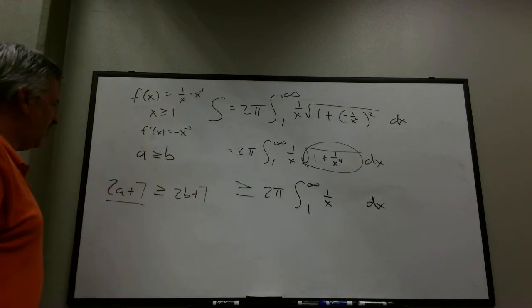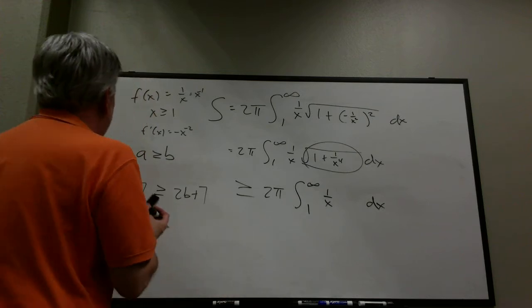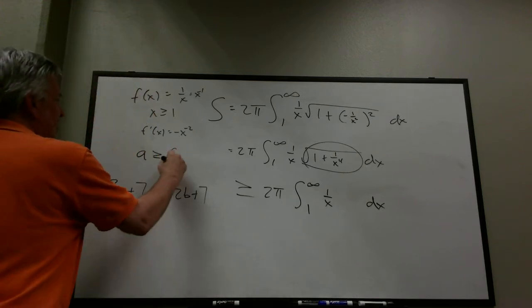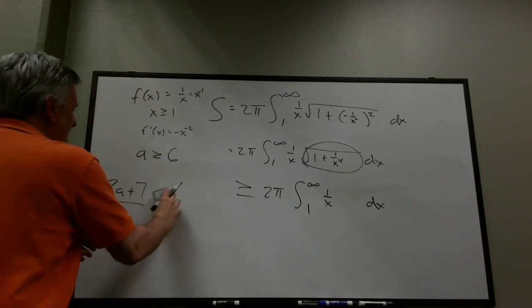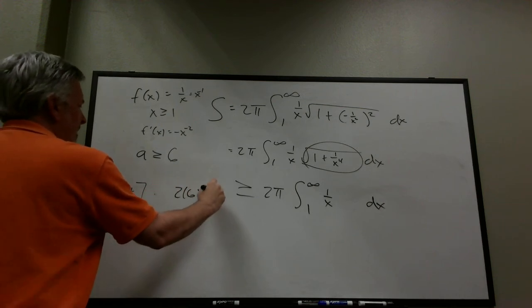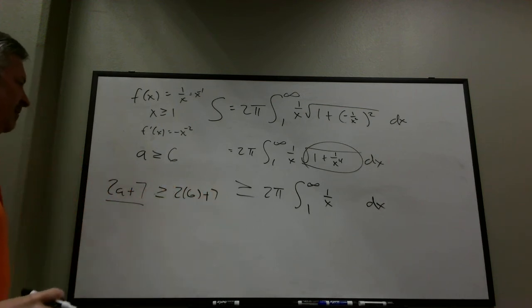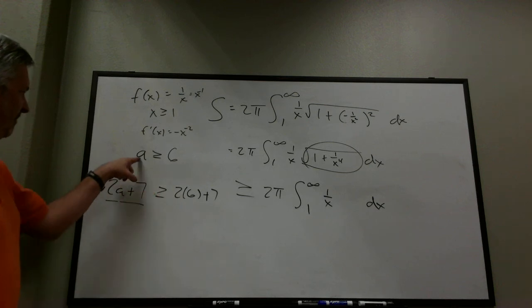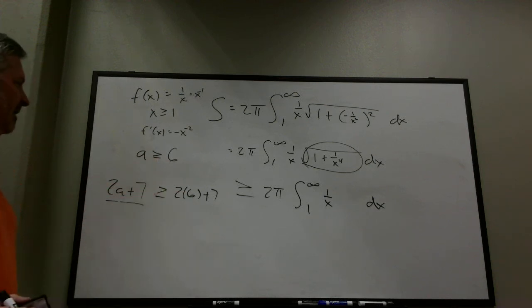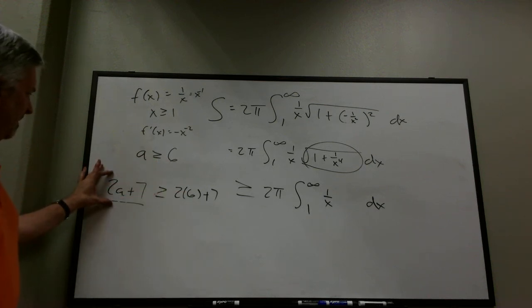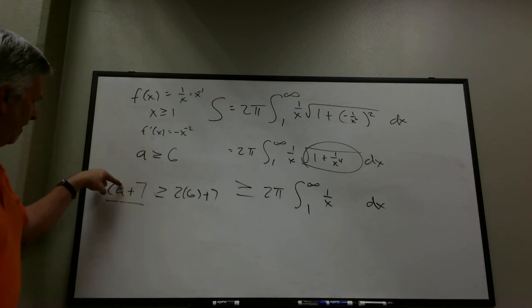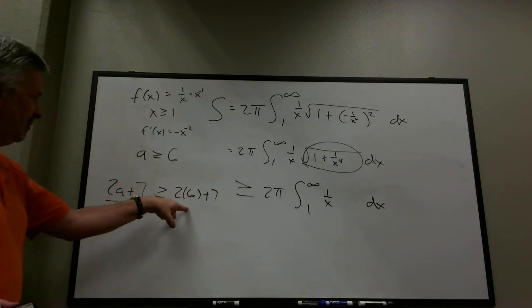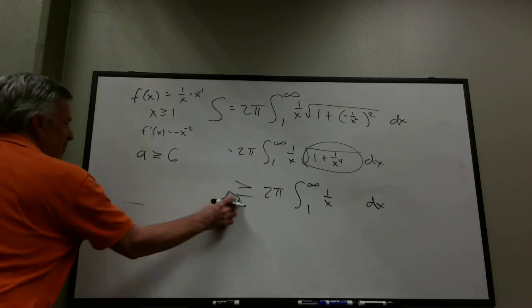That's what I'm trying to argue here. Or, what if I said A was bigger than or equal to 6? If I replace A with 6, that's going to be less than or equal to that, because if A is 6, they're equal, but if A is 7, that's going to be bigger. So whenever you have an expression and you replace one of the elements with something smaller, you're going to get smaller. That's what I want to do here.